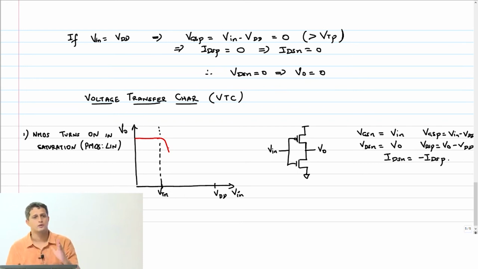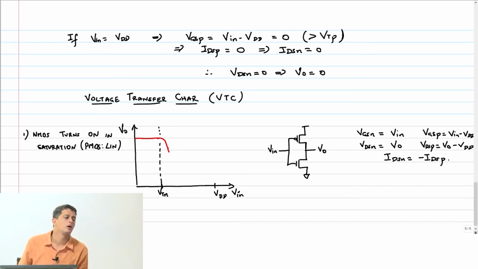At some point the PMOS transistor will come out of this linear region and get into saturation or velocity saturation. You agree with me? Why is that? What is happening to the VDS of the PMOS transistor in that period? Or what is happening to mod VDS? It is increasing, right?